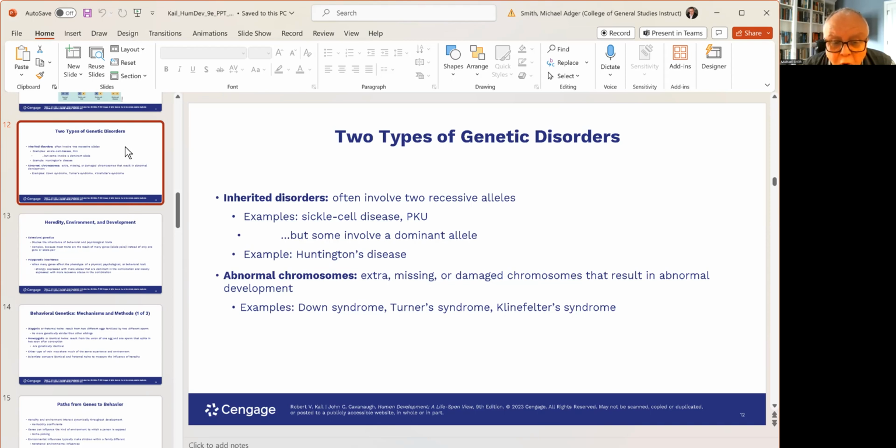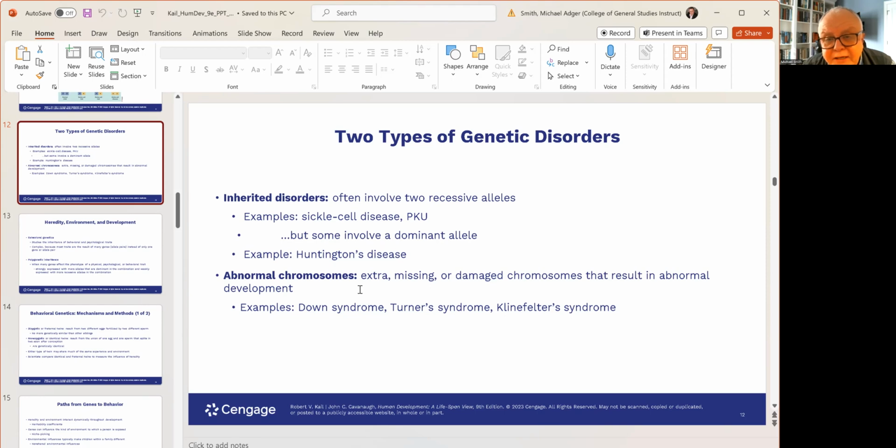There are abnormal chromosomes sometimes. They have extra, or they have missing, or they have damaged chromosomes that result in abnormal development. Things like Down syndrome, Turner syndrome, Klinefelter syndrome are all examples of that. Something happened with the chromosomes, they're damaged, they're missing, they're extra. And this can go on all the time.